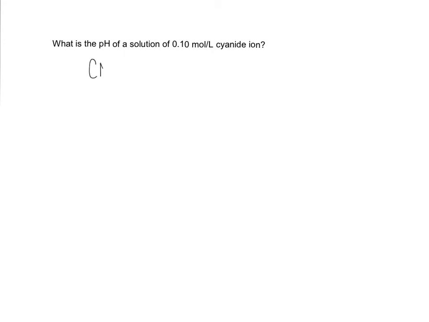Okay, what's the pH of a solution of 0.1 molar cyanide ion? So cyanide, this is the conjugate base of hydrocyanic acid, otherwise known as hydrogen cyanide. So CN minus plus water, double arrow, HCN plus OH minus.